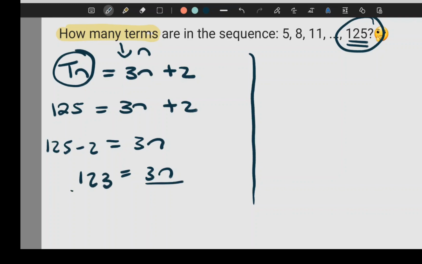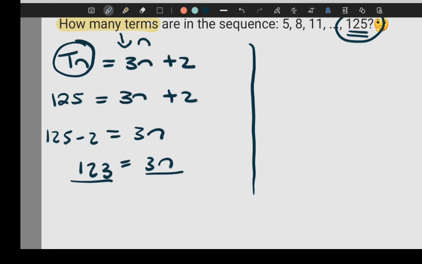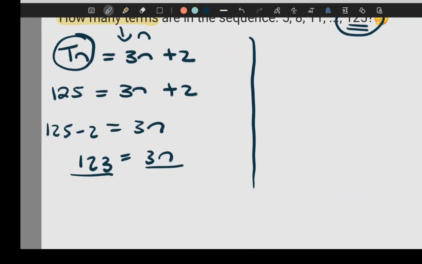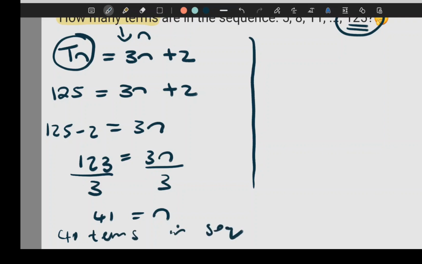Divide both sides. Not by 123, but by the number in front of n. So divide by 3. I get my n to be 41. So there are 41 terms in the sequence.